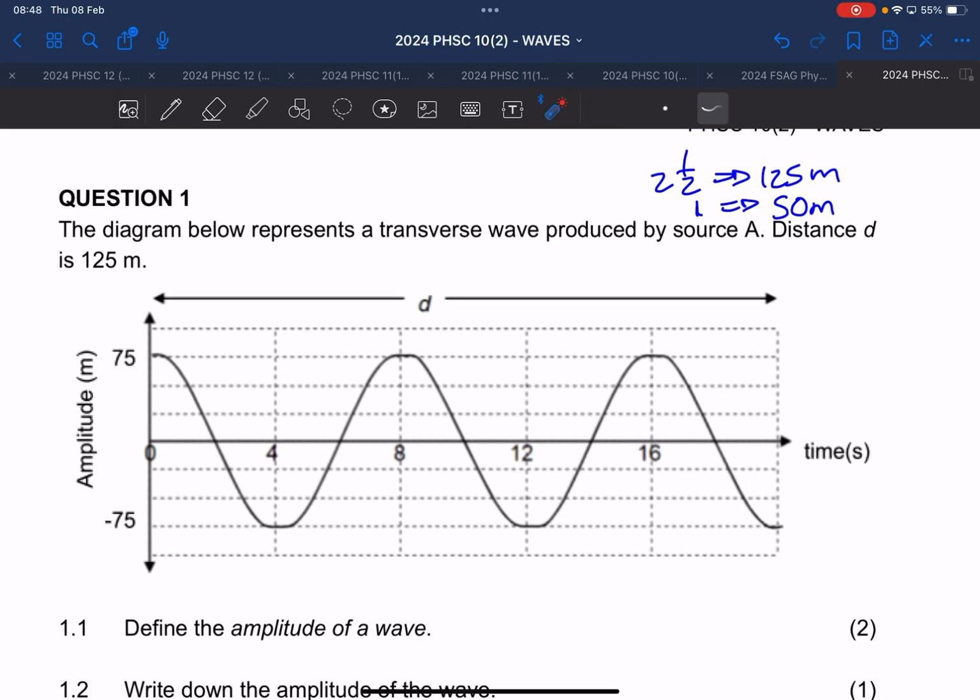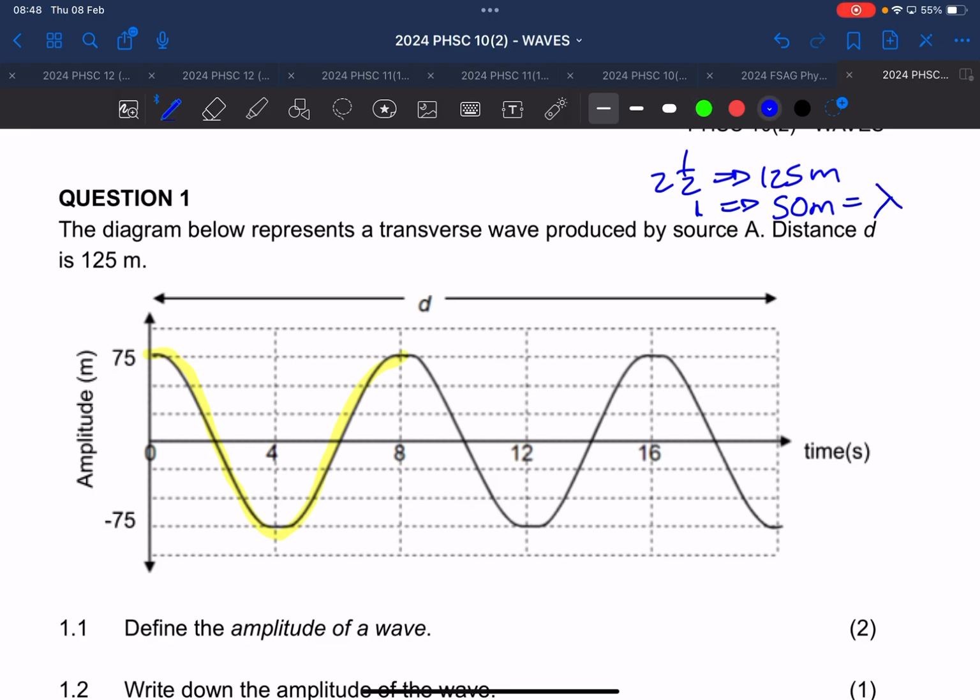Okay, then they give you more information. You can see there that for one wave, and I'm going to highlight that now, for one wave, it is 8 seconds. So what do they give us there? For one wave, it is 8 seconds. No, this is wavelength. Length is meters.